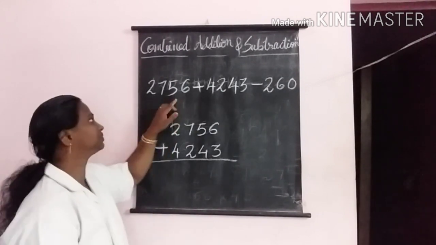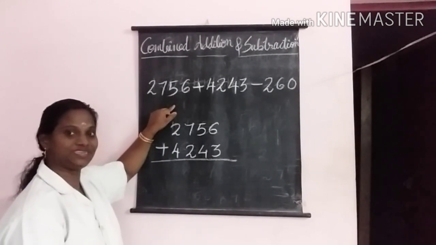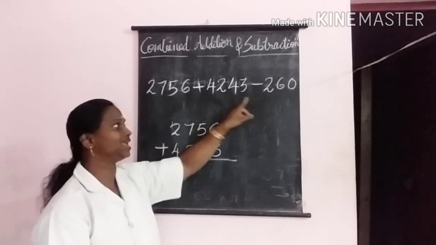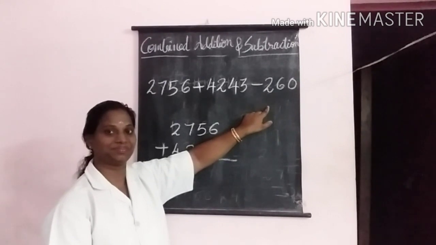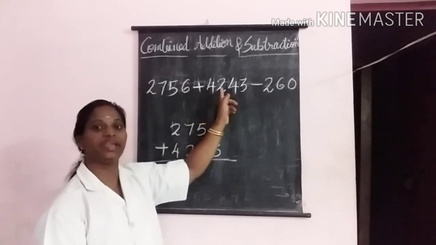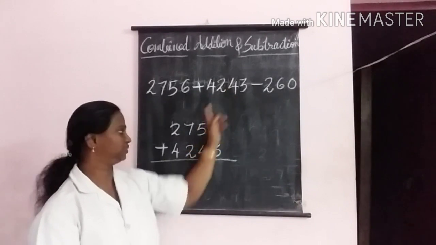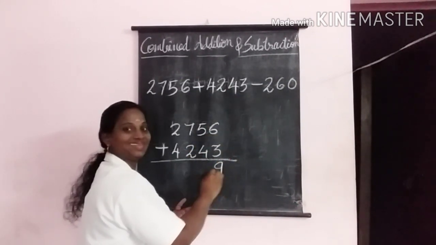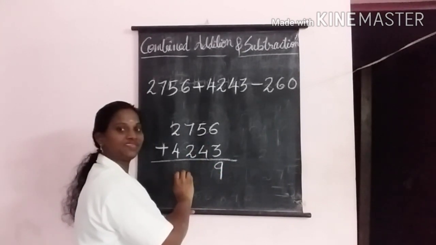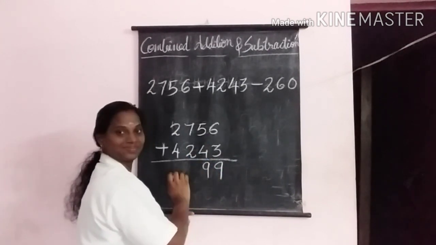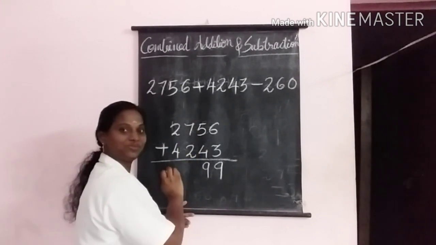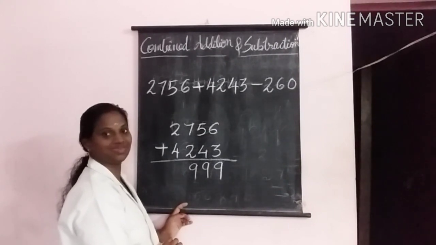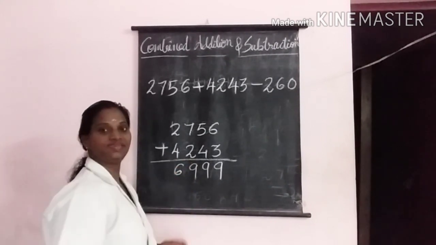See the example 2,756 plus 4,243 minus 260. Okay, so first add these two numbers. See, here 6 plus 3 is equal to 9. 5 plus 4 is equal to 9. 7 plus 2 is equal to 9 and 4 plus 2 is equal to 6.